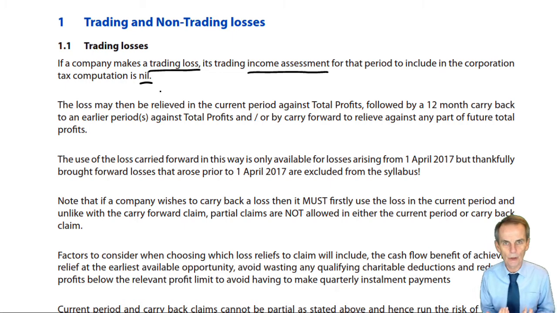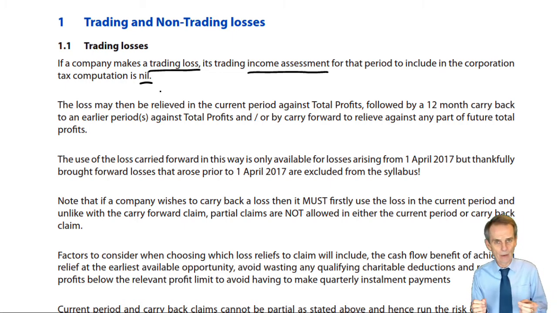In terms of losses when they're experienced for a period, in income tax the tax year, now in terms of corporation tax the accounting period, there are basically three ways you can go to use that loss. You can use it in the current period, as you could for income tax in the current tax year, by setting off against other amounts that would be chargeable to corporation tax in that current period. We'll discuss that in a moment. And other than staying where you are in the current period, there are two directions you can travel in.